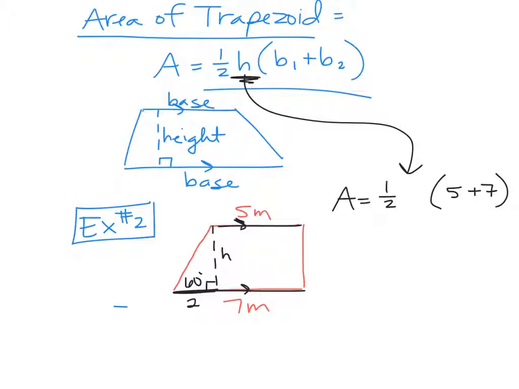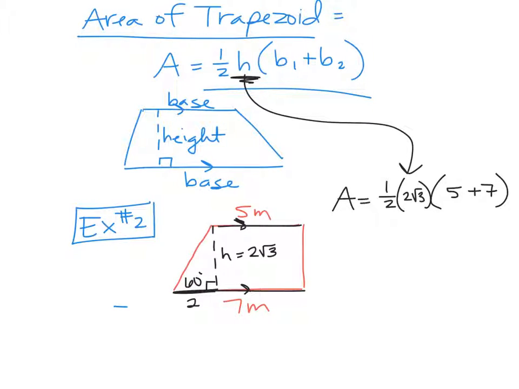So what's the height? In a 30, 60, 90, it's 2 rad 3, right? So it's your leg times rad 3. So you're going to plug in right here 2 rad 3. Okay, now to simplify that formula, just make sure you're paying attention to PEMDAS.